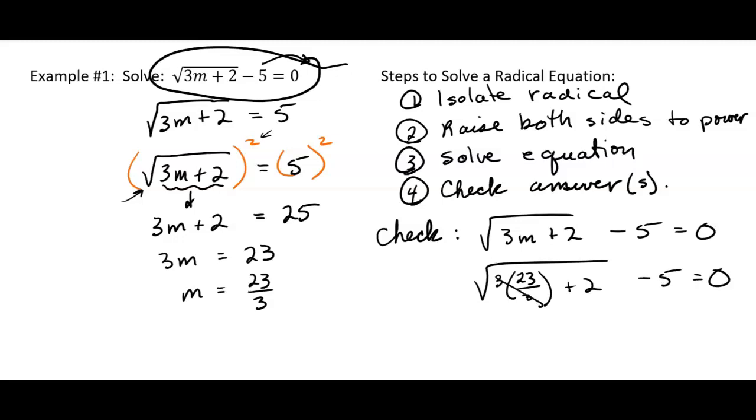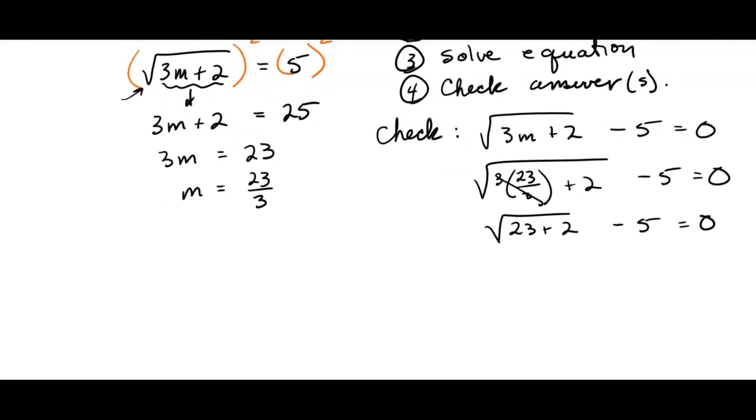And the 3's cancel, so you have 23 plus 2 minus 5. Does that equal 0? Notice that I'm not putting that 5 under the square root sign because it's not supposed to be under there. Okay, so the 23 plus 2 is 25. Square root of 25 is 5. And 5 minus 5 is 0.